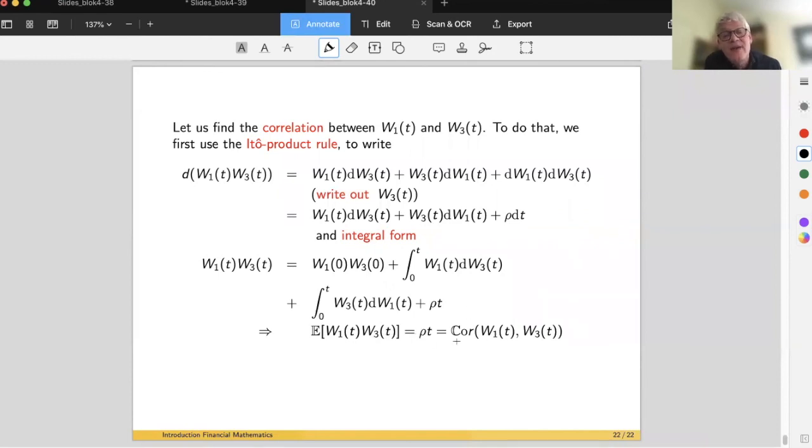That is in fact the correlation between W1 and W3. So we have made a form in which S1 and S2 are correlated, and they are correlated via the Brownian motions, W1 and W3. So that formulation gives us a formulation in which S1 and S2 are correlated. And that concludes today's talk. I thank you for your attention.